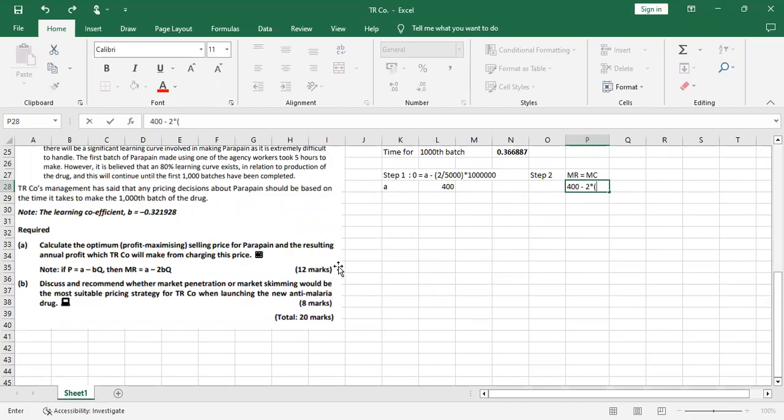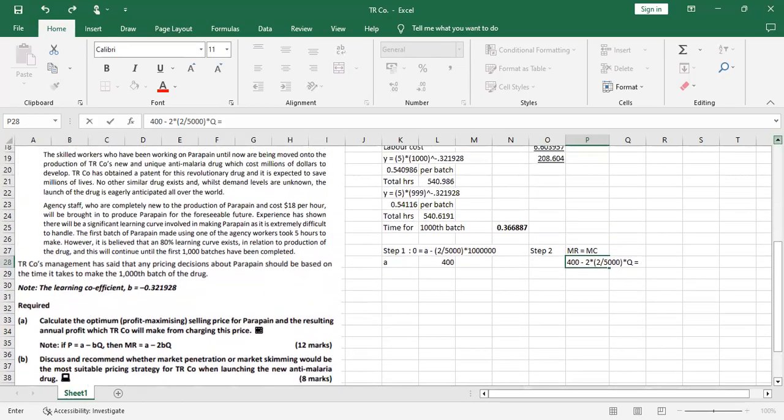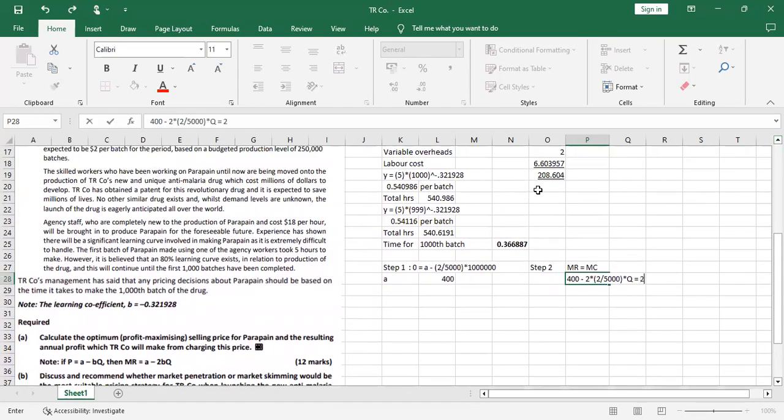B, you know, it's 2 by 5,000. And we need to determine Q, which is the maximum or optimal demand, is equal to variable production cost per batch. We have calculated this. It is 208.604.